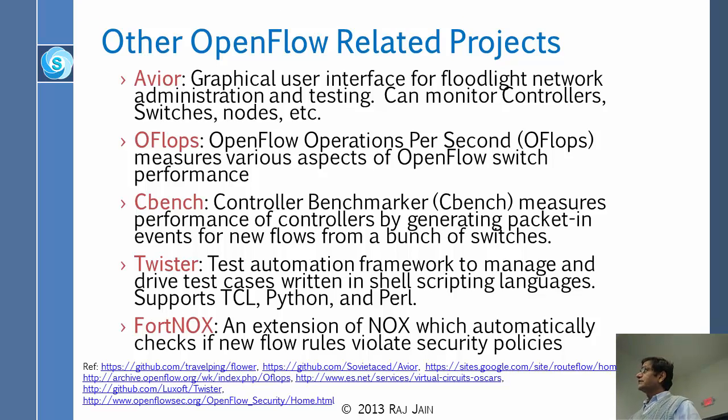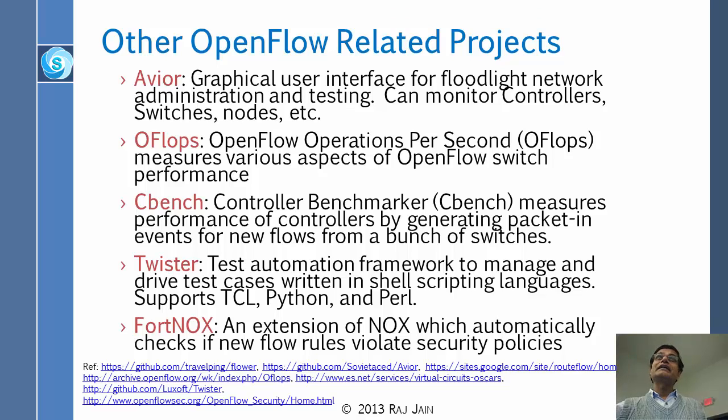cbench is the thing that you use to do benchmark. So it's the benchmarker which measures the performance of the controller by generating packet in events, new flows from a bunch of switches. So this one measures the controller. So basically what happens is the switches will say, oh, I got a new flow, please tell me what to do with it.